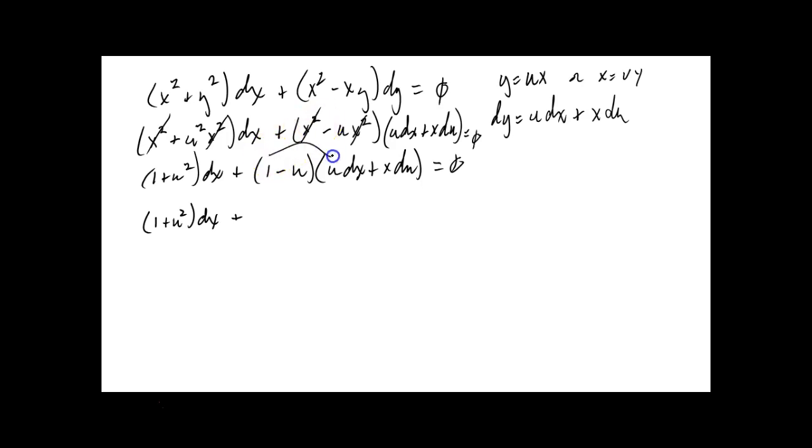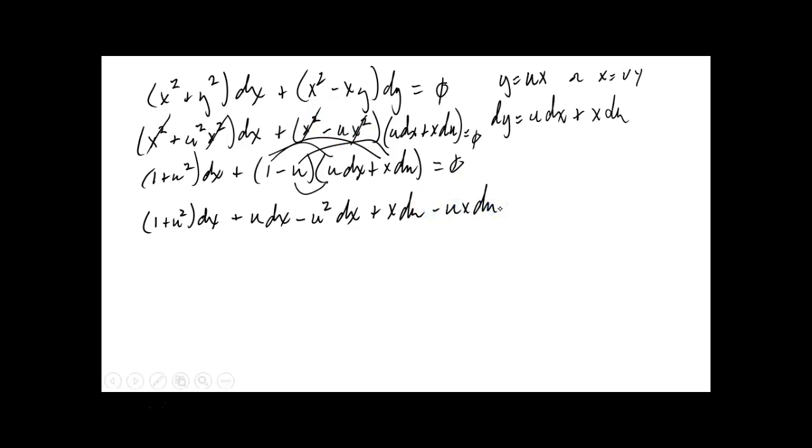Let's do the first. That would be a plus u dx. Now I'm not going to do it the way we usually FOIL. I want to do this one. Minus u squared dx, right? Now let's do the other two. Plus x du minus ux du.